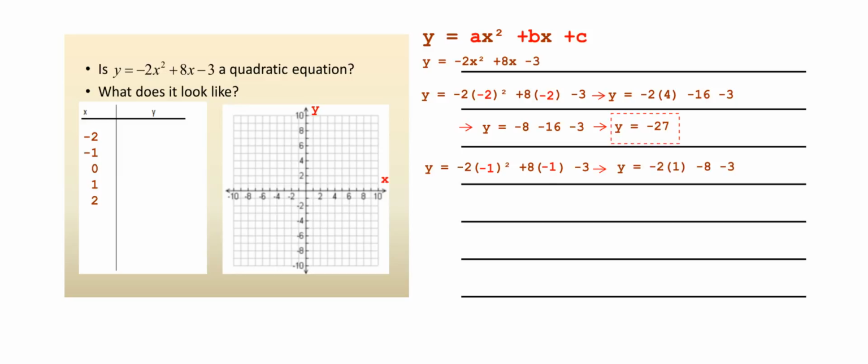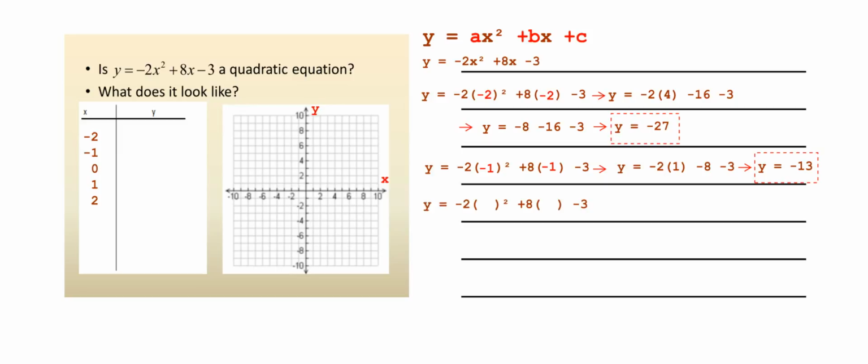So therefore we have negative 2 times 1, which gives us negative 2. So negative 2 minus 8 minus 3 gives us a total of negative 13. Hey, that's a little smaller, but even now I won't be able to fit it in my graph. I don't have enough space for that negative 13 on my current graph.